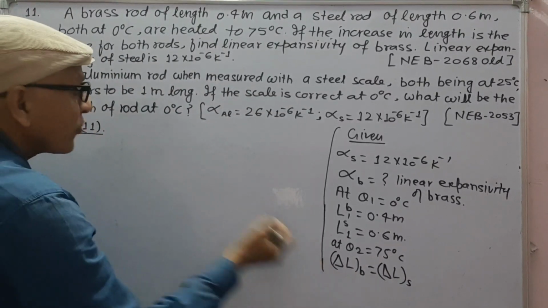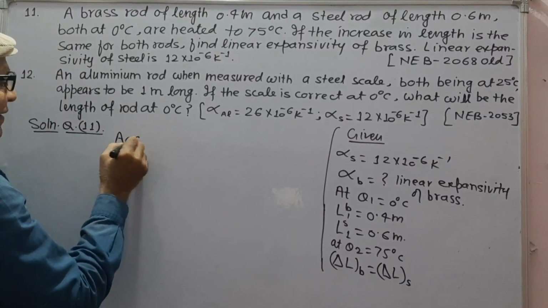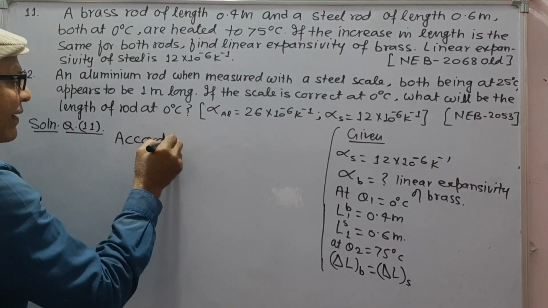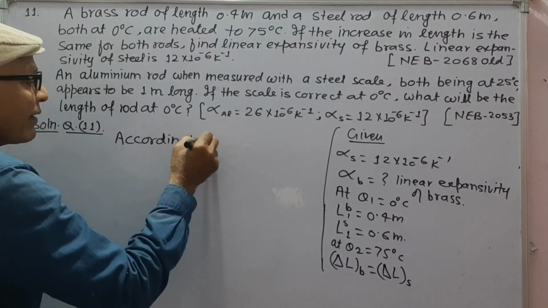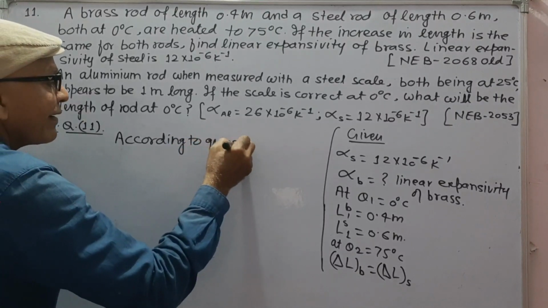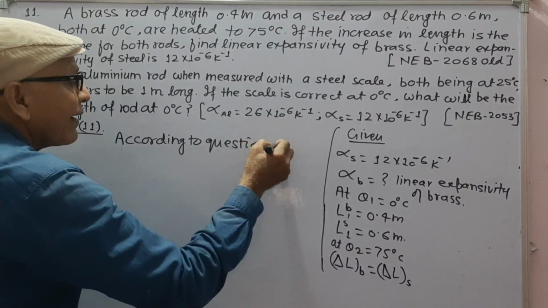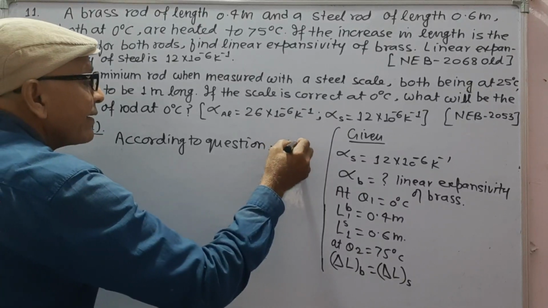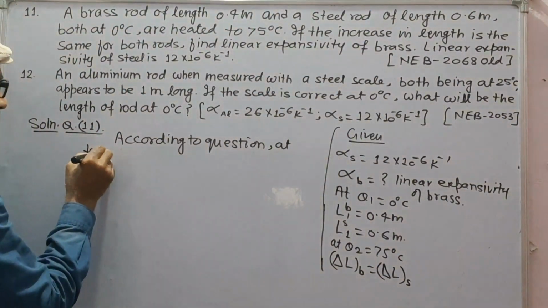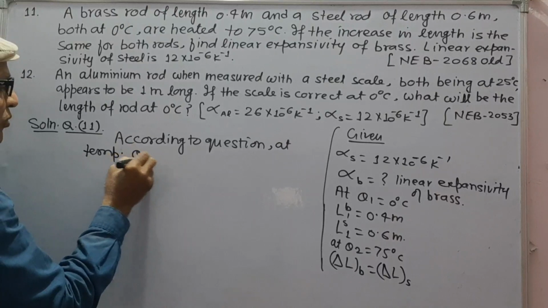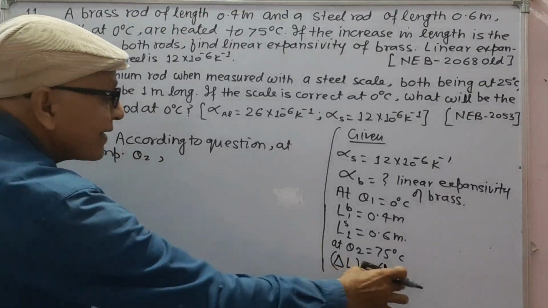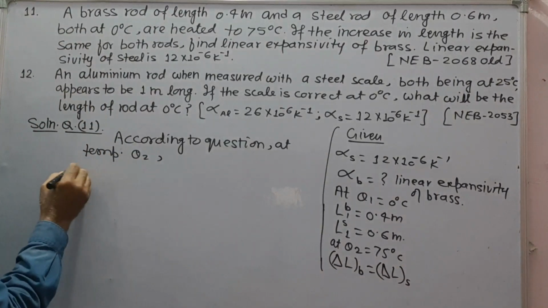So, according to question, at temperature theta 2, change in length is same for both rods.